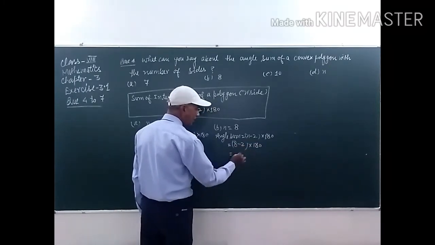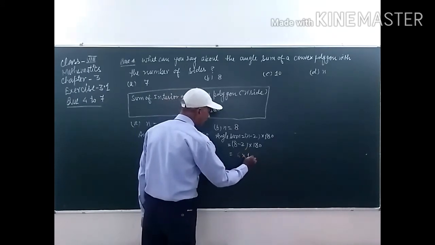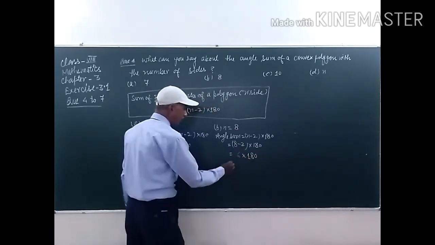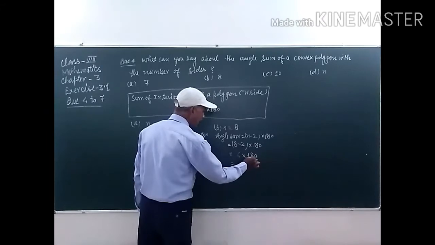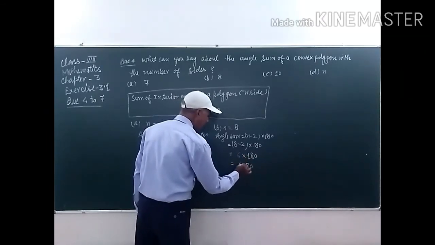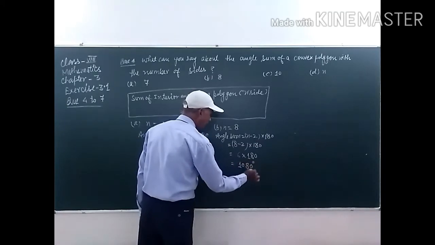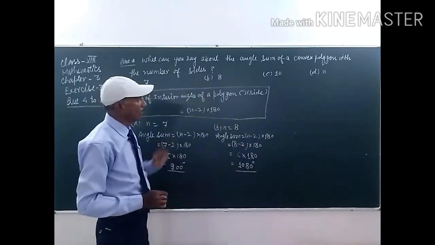This one, 8 minus 2, 6 into 180. Now multiply this. 6 times 180 will be 1080 degrees. This is the answer of part B.